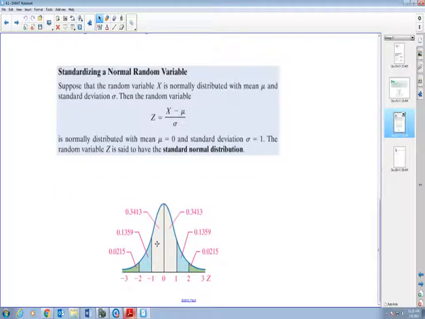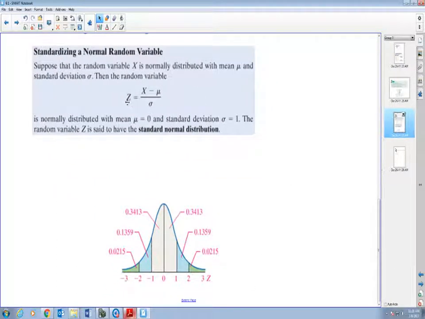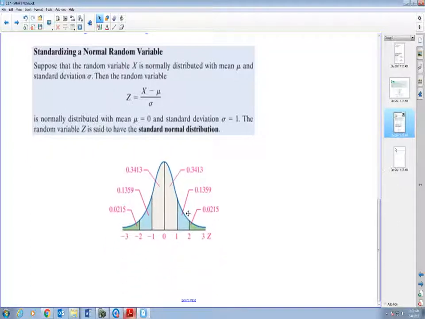Alright, so as you can recall this formula, when we want to standardize the normal random variable, convert them all into z-score, we take our random variable x minus the mean divided by the standard deviation. Once I standardize it, the mean right here is always going to be 0.